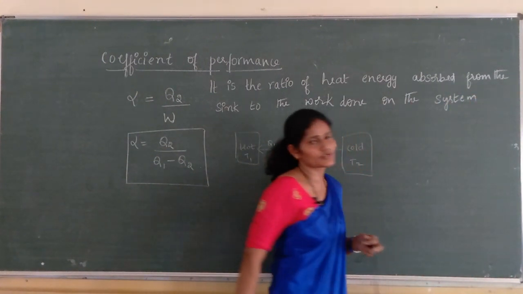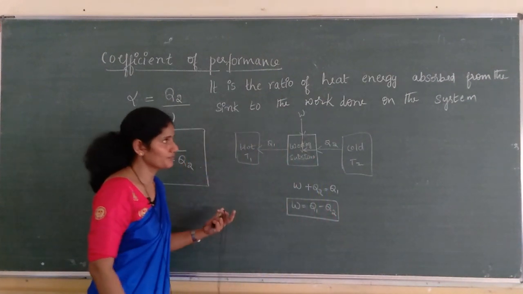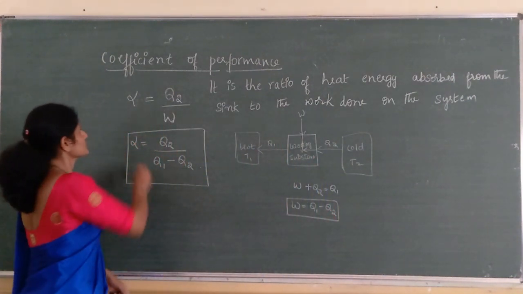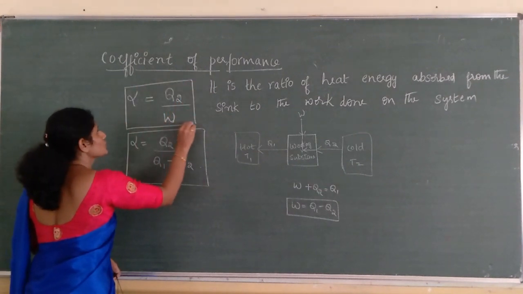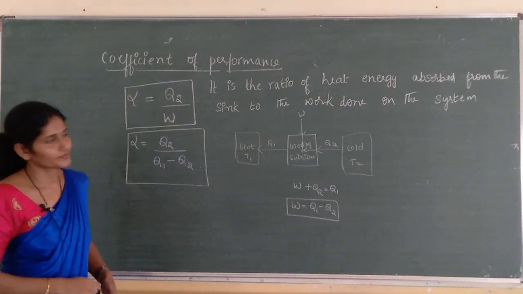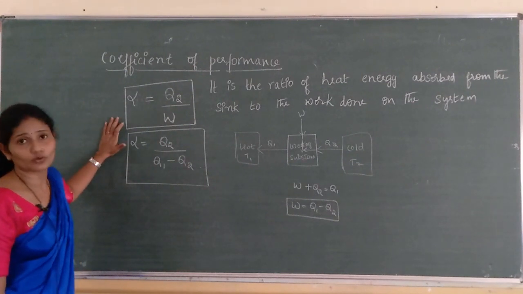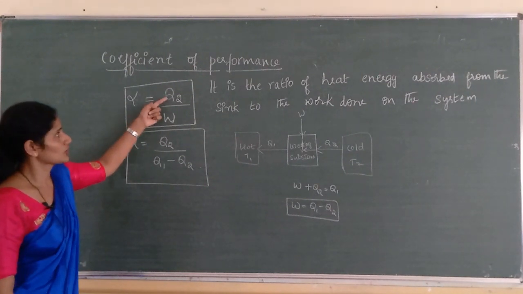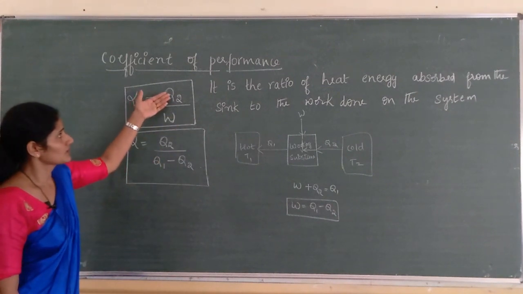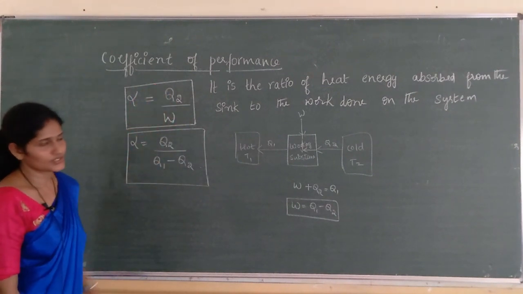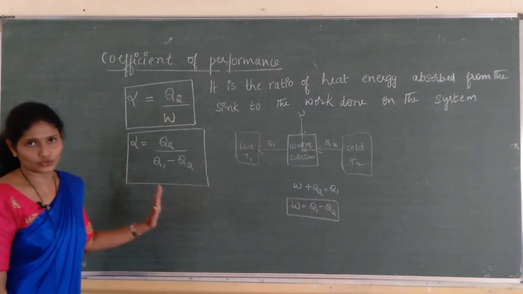Here also efficiency cannot be equal to 100%. So, this is the formula for coefficient of performance, Q2 divided by W. There is no SI unit for coefficient of performance because Q2 is heat energy, W is work energy, both are energies. So, their units cancel with each other, alpha has no unit.